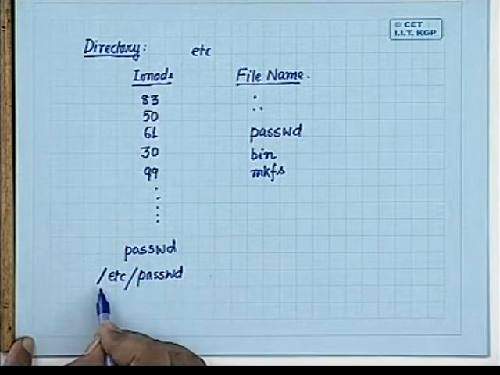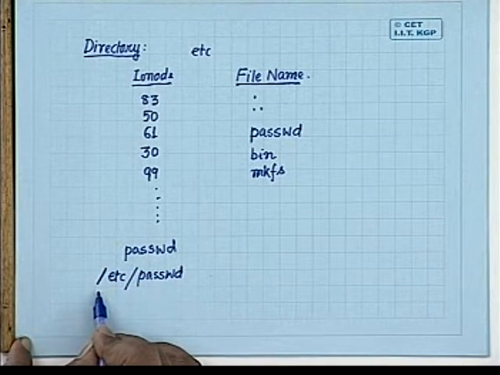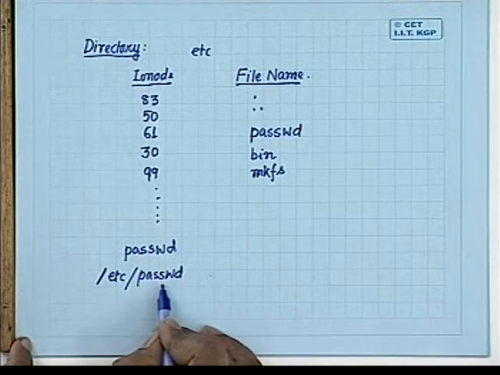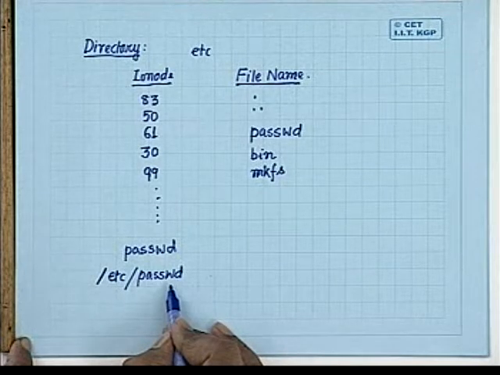So this indicates that the path name starts from the root, and this is the entire path name leading to the file password.